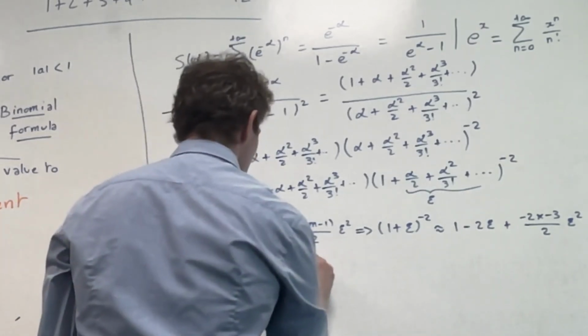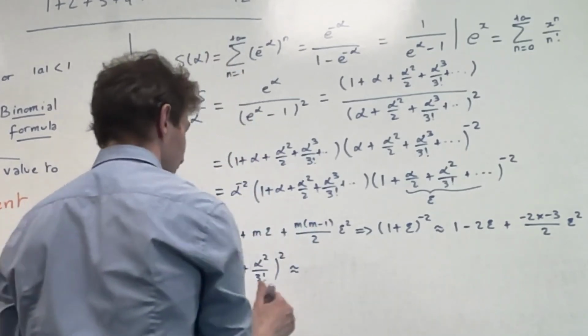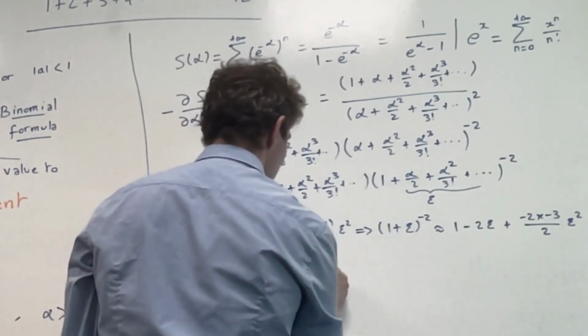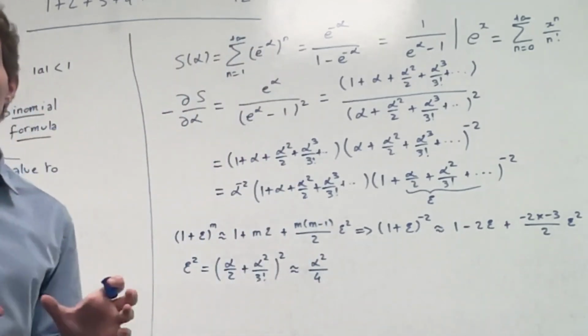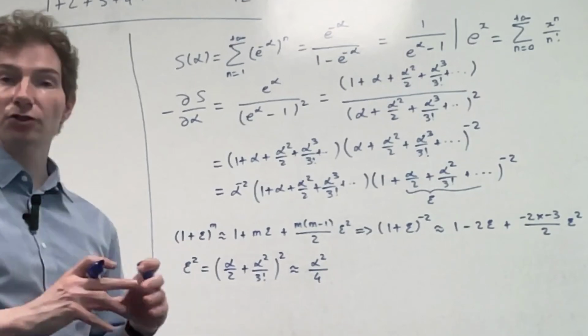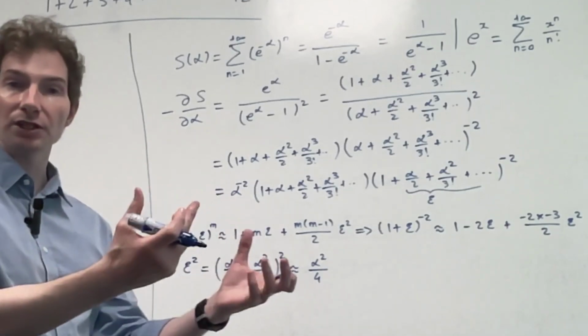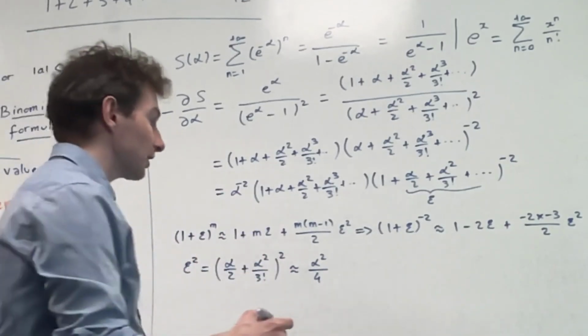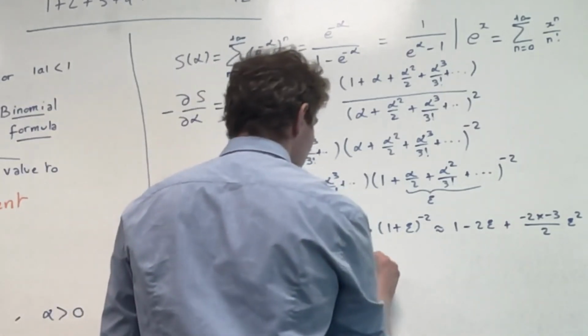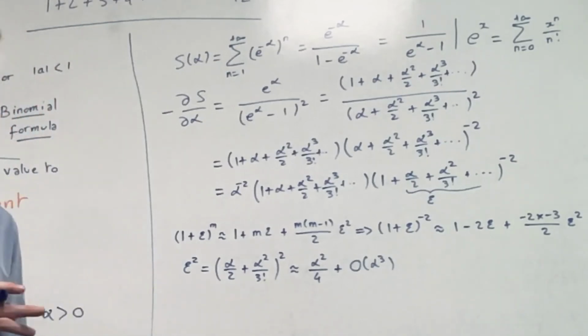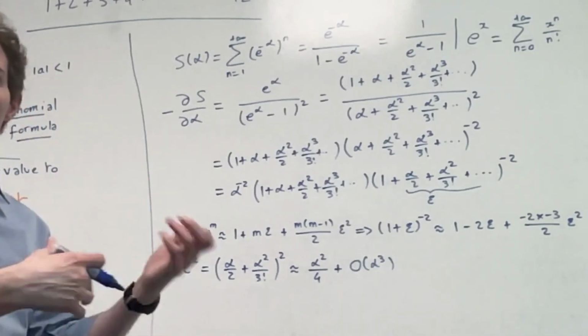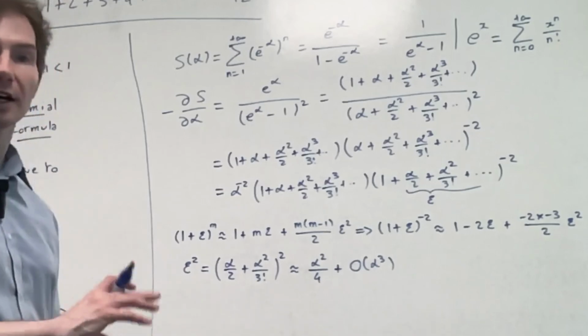So basically this is, again, I'm going to approximate, alpha squared over 4. And now, actually, I don't care anymore. I'm not going to keep using terms of order 3. I'm just going to say that the order of magnitude of what remains is of order 3.